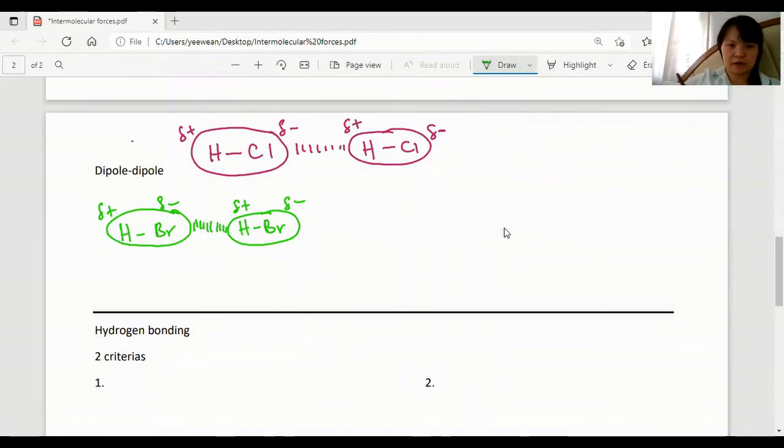So I draw another HBr here. Same thing, it's dipole-dipole forces here. Delta negative here bonds with the delta positive, in the same way as HCl. But which one is stronger here? In this case, we will compare their difference in electronegativity. H and Cl have a larger difference compared to H and Br.